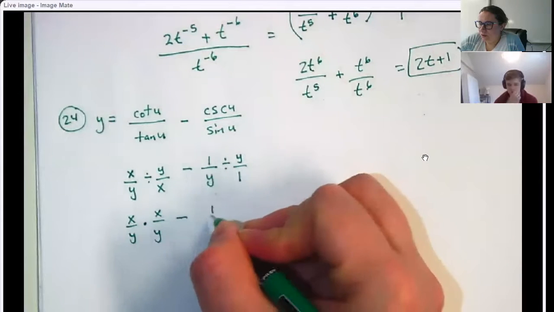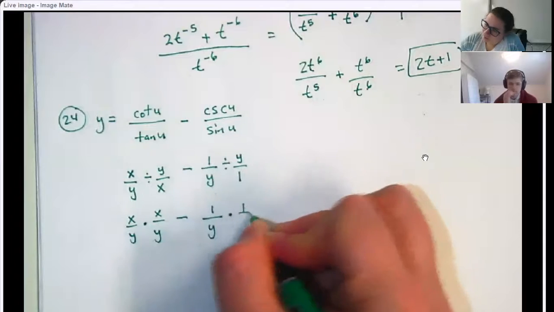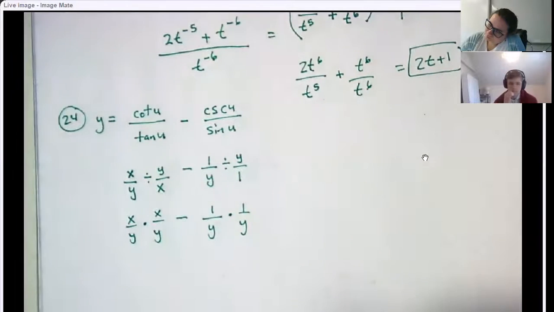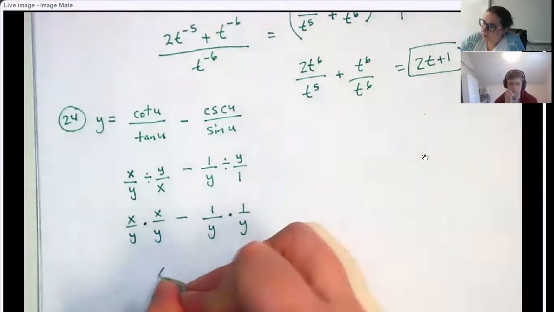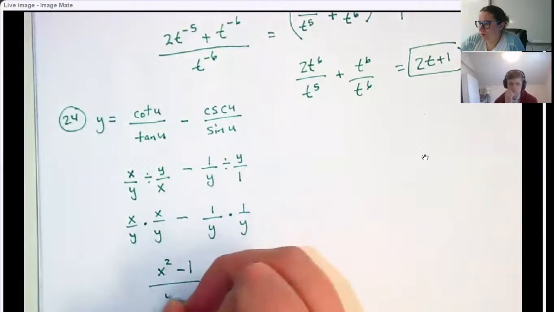So this would be 1 over y times 1/y. X squared minus 1/y squared. Maybe this will help. So x squared minus 1 on top, and on the bottom is y squared, right?